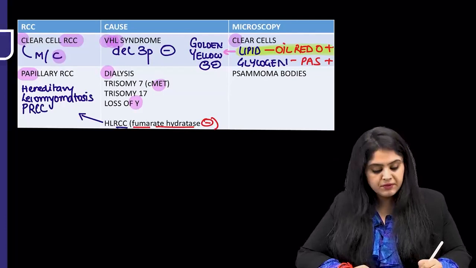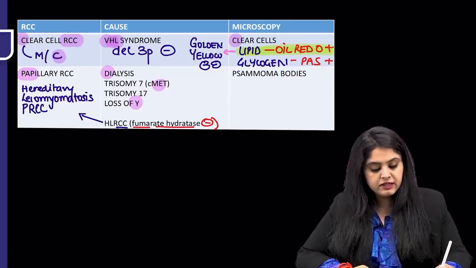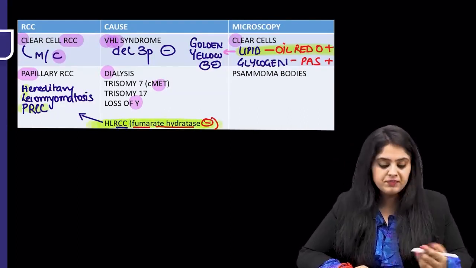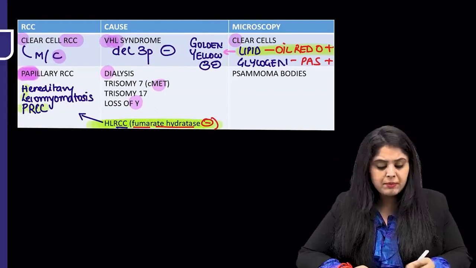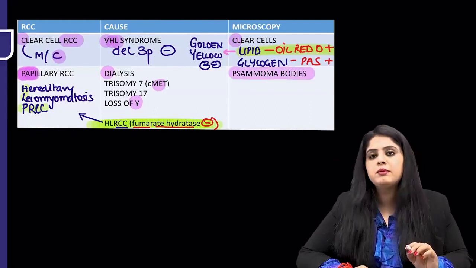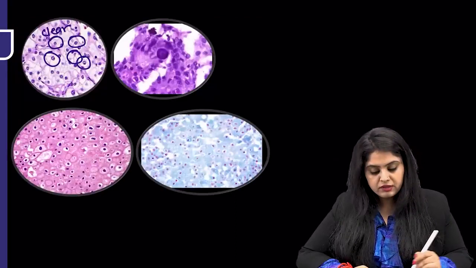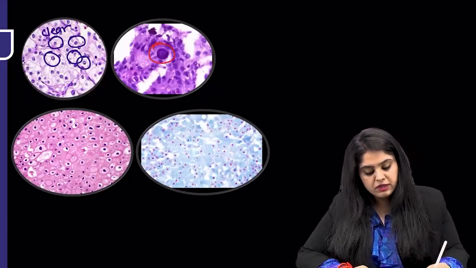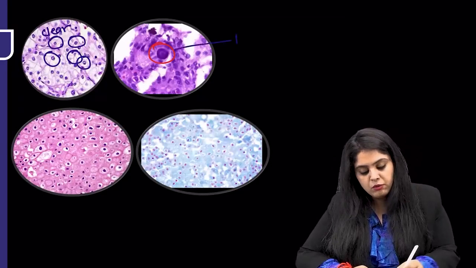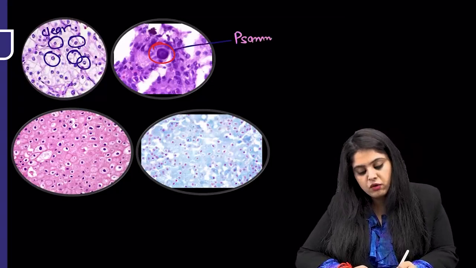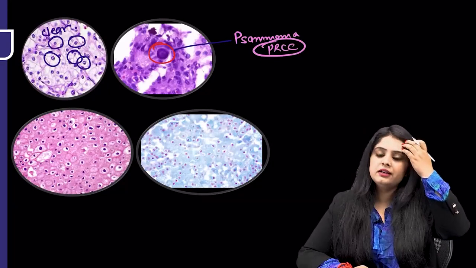Papillary RCC. Okay? What is HLRCC? It is hereditary leiomyomatosis with papillary RCC. That is a fuming papa, fumarate hydratase deficiency. And don't I know that no matter which papillary carcinoma I talk about in the body, psammoma bodies will always be seen. What is the psammoma body? So any kind of tumor in the body which shows me psammoma bodies, that shall stand for some or the other papillary carcinoma. So in the kidney, papillary RCC.